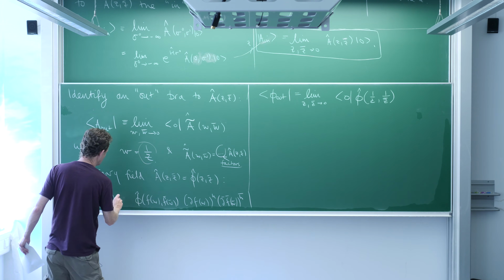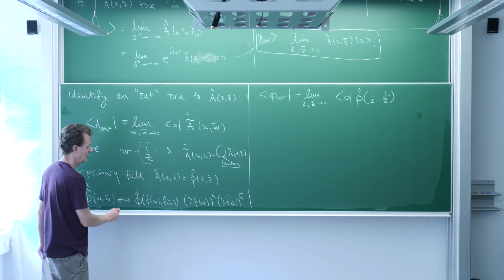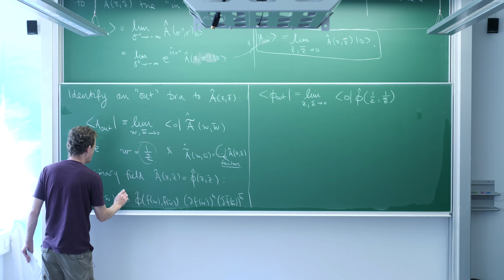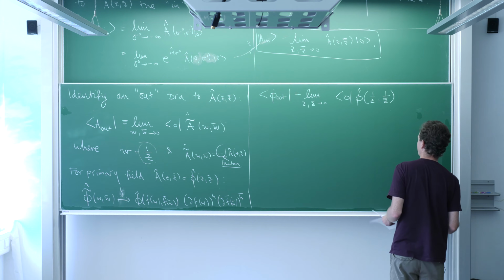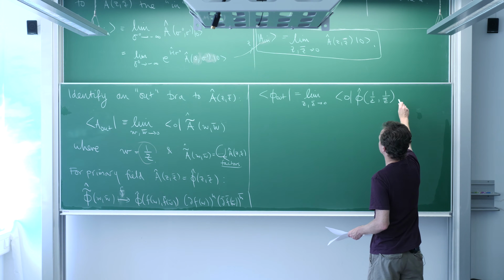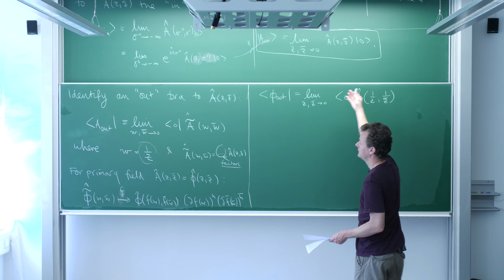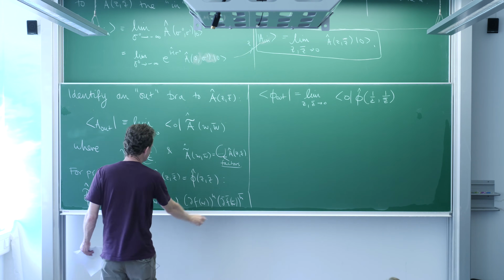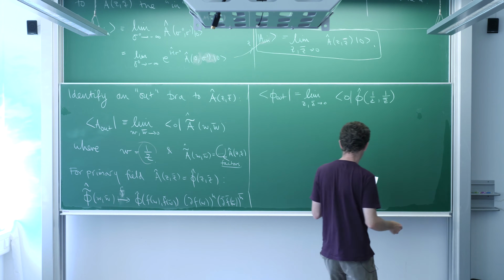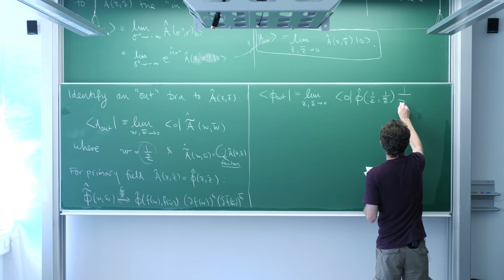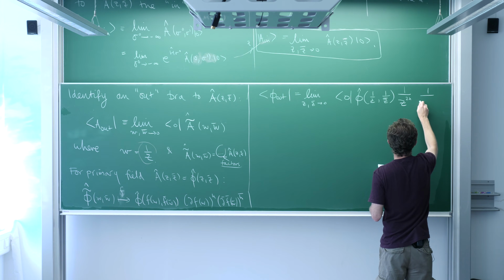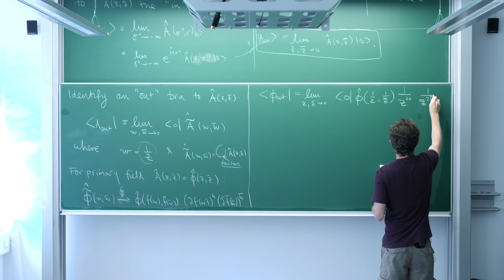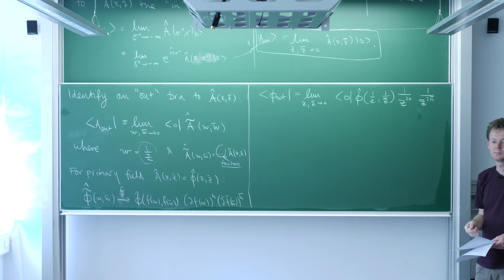I should say it maps to under F. So we apply immediately this conformal transformation here, w equals 1 on z. We use this rule for primary fields, and we pick up some factors for having done this transformation.